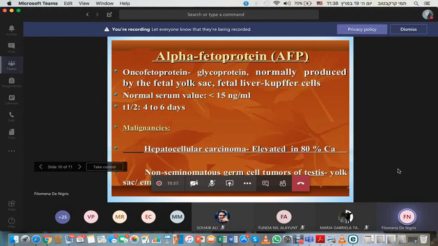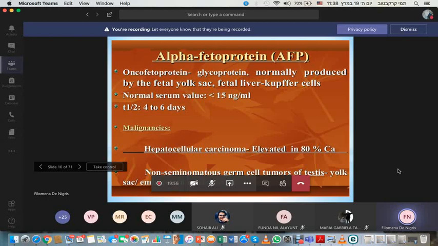Alpha-fetoprotein is originally a fetal protein, not present in normal healthy tissue during life. It's only present in fetal life. We can monitor it in blood.